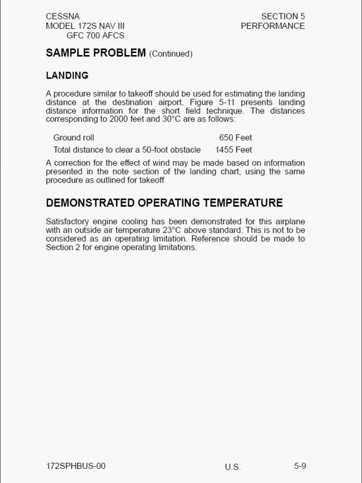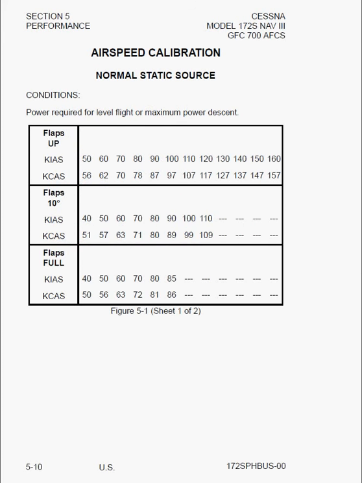Here we can see airspeed calibration, which allows you to adjust the indicated airspeed, or KIAS value, to the calibrated airspeed, or KCAS value. And that's because the pitot probe has some distortions in the flow field as the air is flowing around it, and these calibrations give you a more precise measurement of what your airspeed is.